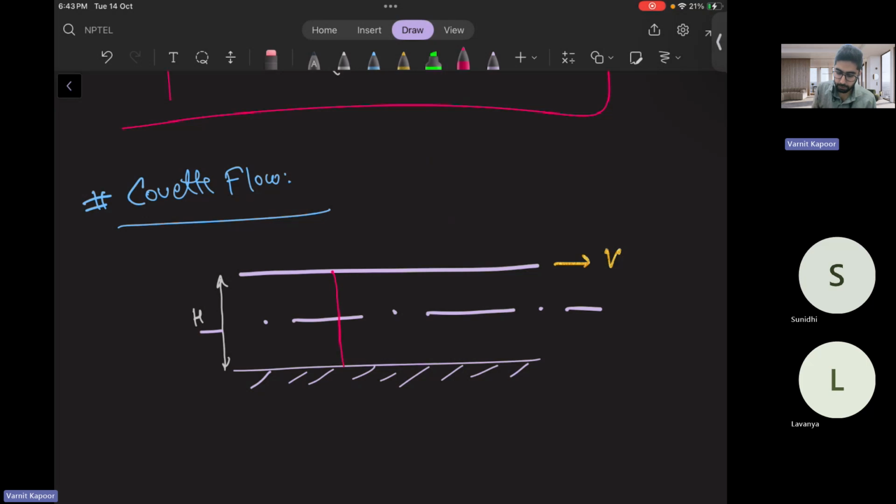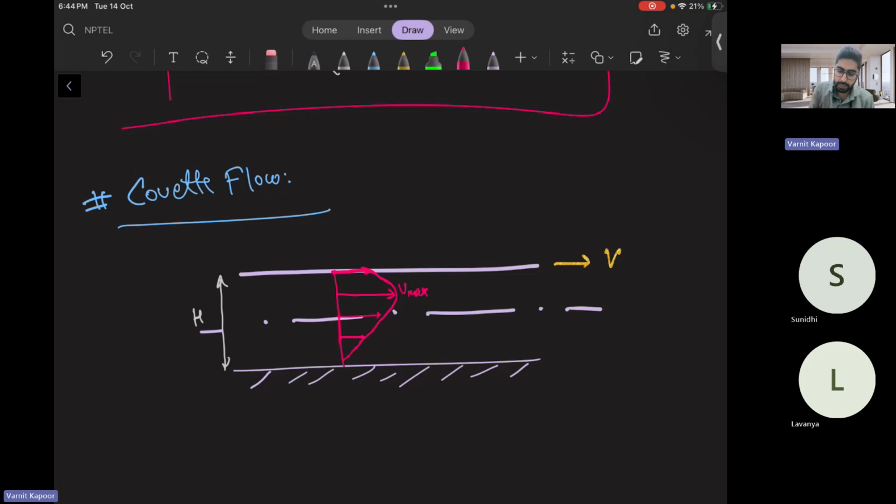But here the above part is moving with some velocity. So if you observe, your velocity profile distribution will look somewhat like a parabola, whose maximum is above, because it has shifted due to the above plate having a velocity. There is a relative velocity between the plates. It's somewhat like a parabola, but the maximum will be above here, not directly at the center line.